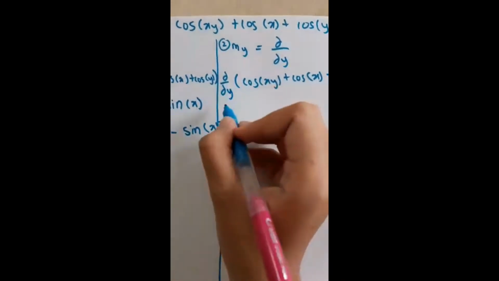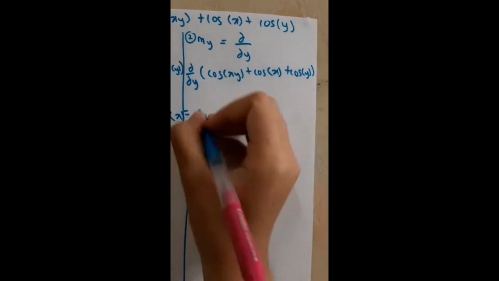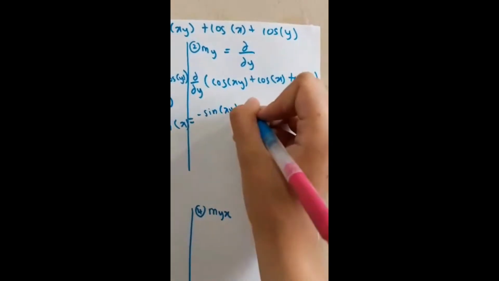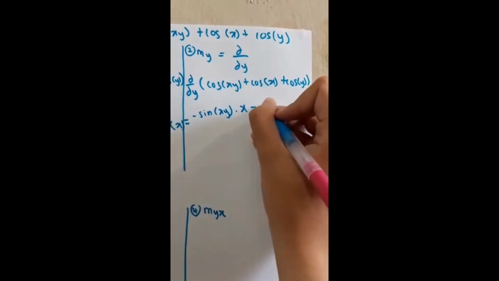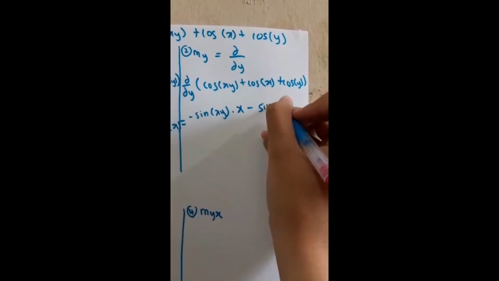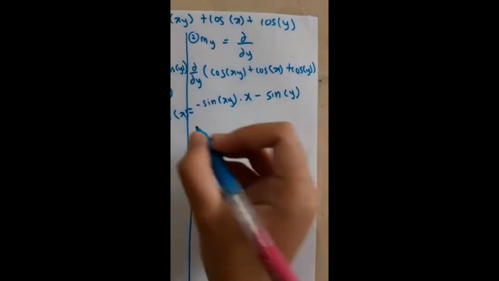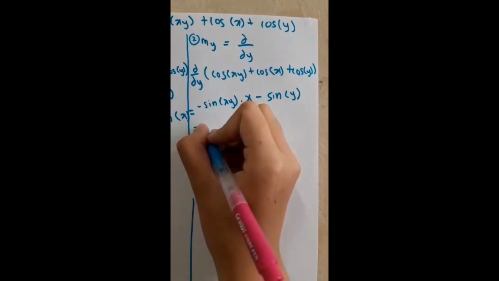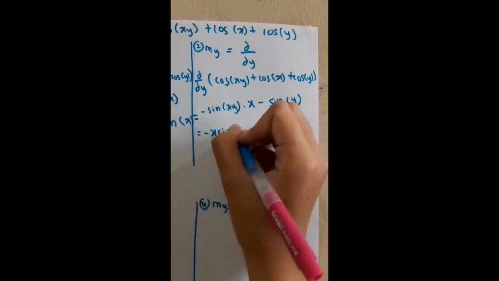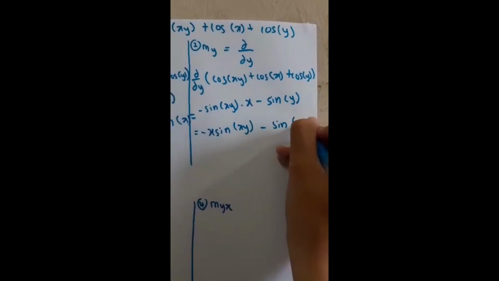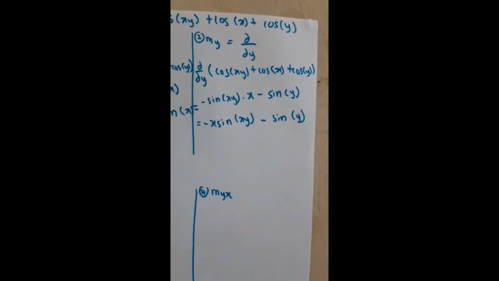We will get the answer negative sine xy times x, minus sine y. So we get negative x sine xy minus sine y. Okay, so that is finished for number 2.